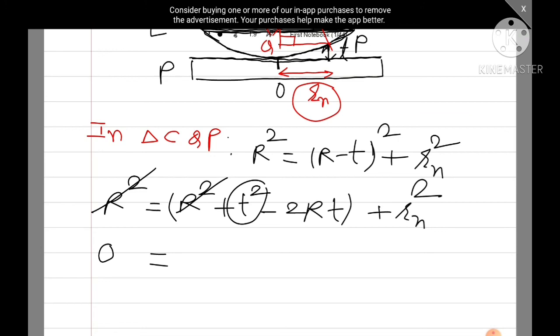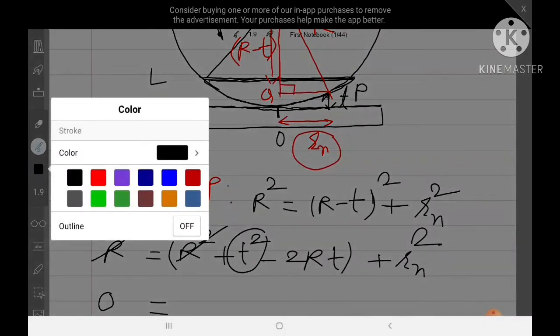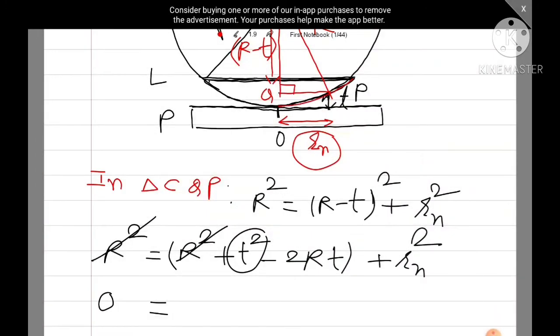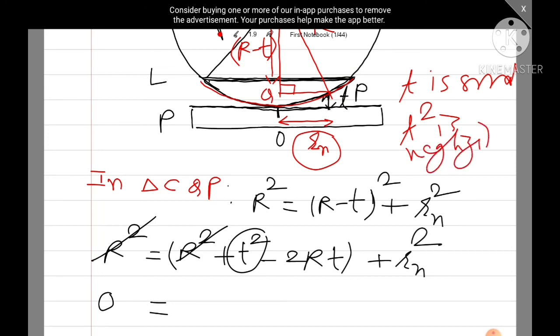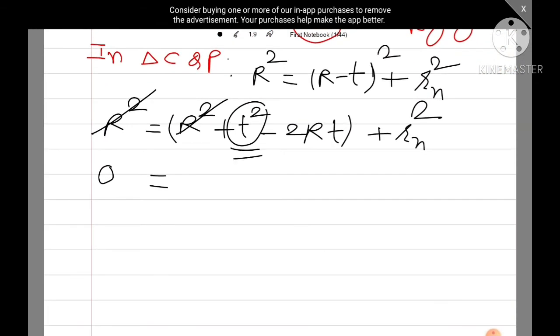Because of the very large radius of curvature, the curved surface will be the same as the plane surface. That's why this thickness t will be small enough. Obviously if t is small, then t square is negligible, so in our derivation this t square may be neglected. So we have only minus 2Rt plus Rn square.